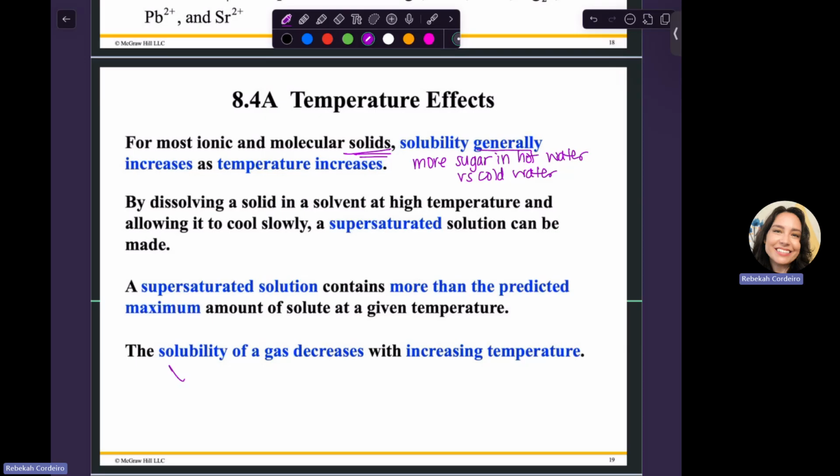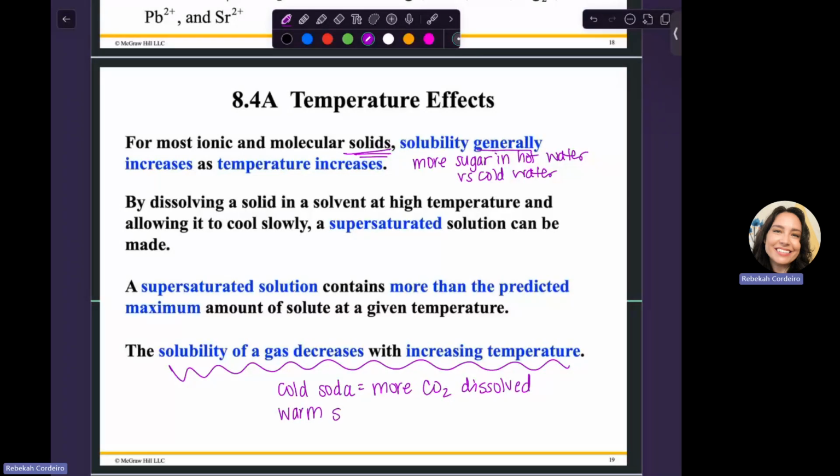And then with a gas, you know this too, solubility decreases with increasing temperature. So a cold soda has more CO2 dissolved, or bubbly. A warm soda is flat. It's got less carbon dioxide dissolved.